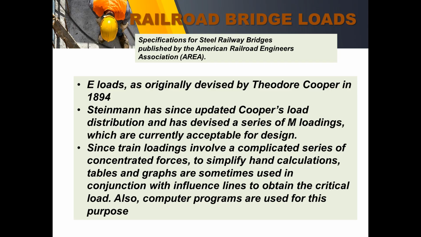Similarly, on railroad bridge loads, specifications can be found in the published book by the American Railroad Engineers Association. So E-loads as originally devised by Theodore Cooper in 1894. Okay.